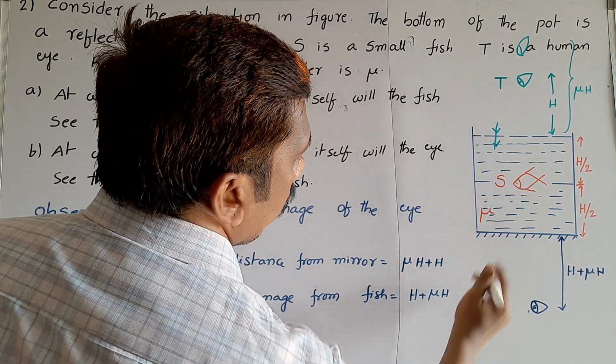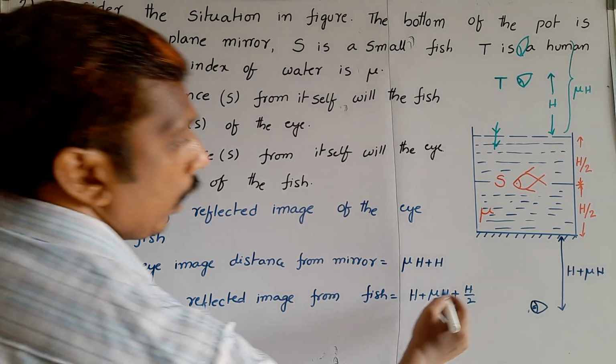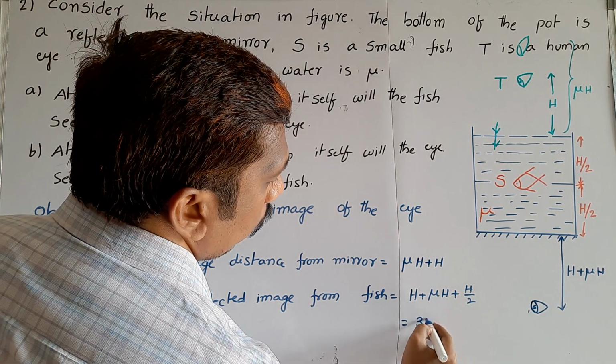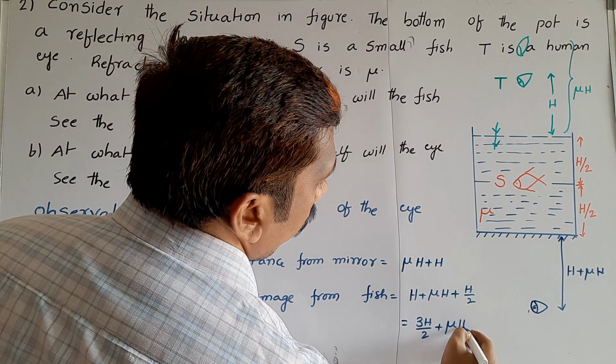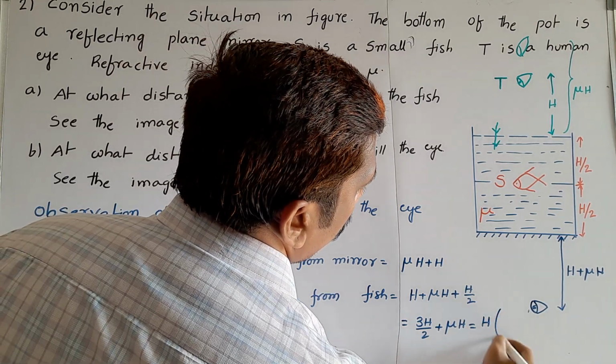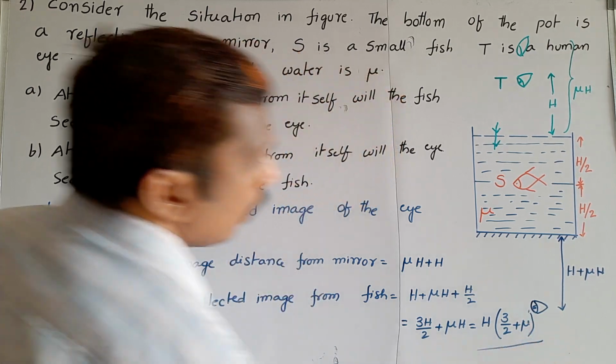Again here h by 2 is there, so h plus h by 2, that is equal to 3h by 2 plus mu h. If you take h common, then we get 3 by 2 plus mu. This is the answer.